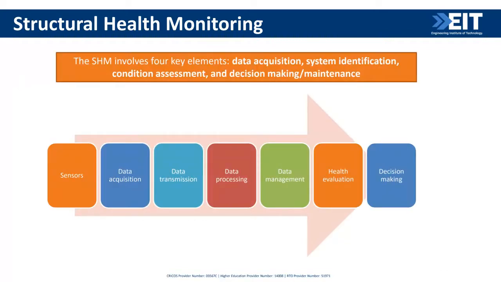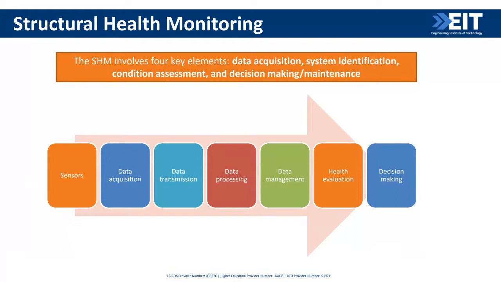So here it is just to summarize. For some of you, if it's a new topic, that's why I summarize it here in one slide. You can straight away identify the main idea of structural health monitoring. We have the sensors, data acquisition, but not only this. The challenge is data transmission, processing, management, and health evaluation until you need to make some final decisions, right?